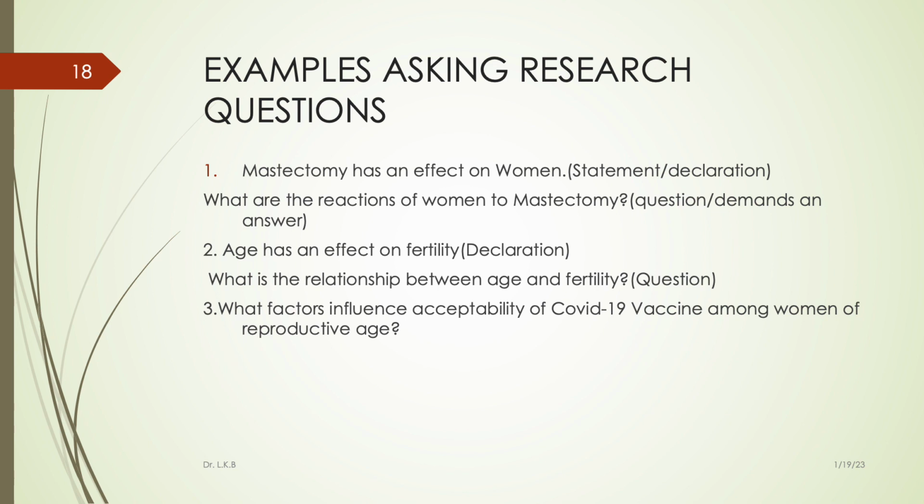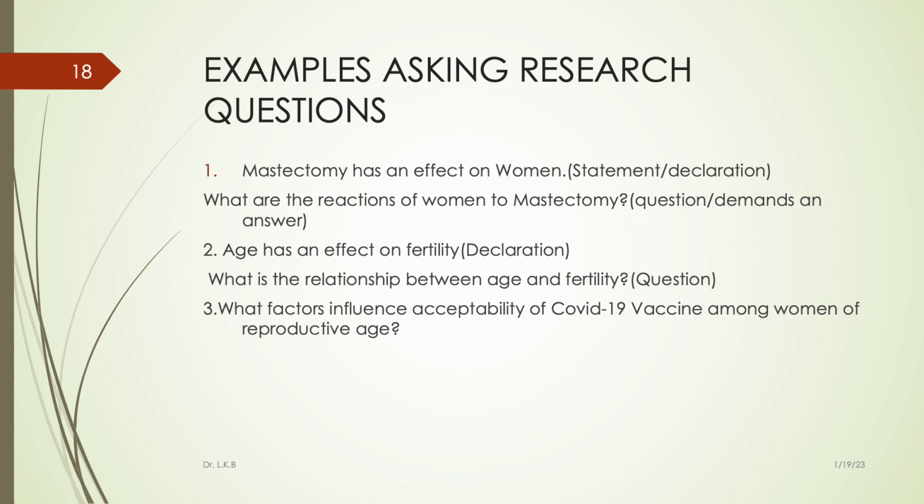Second example, age has an effect on fertility. That is just a declaration. You could even ask, not very well formulated, but does age have an effect on fertility? And the answer would be yes, it does, or no, it doesn't.